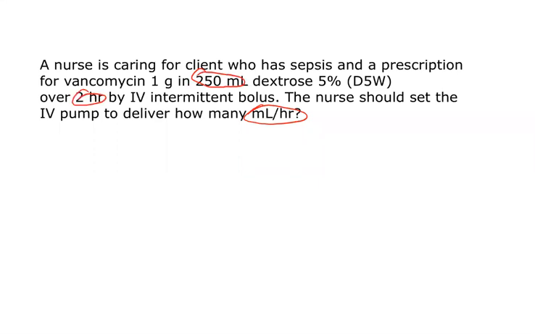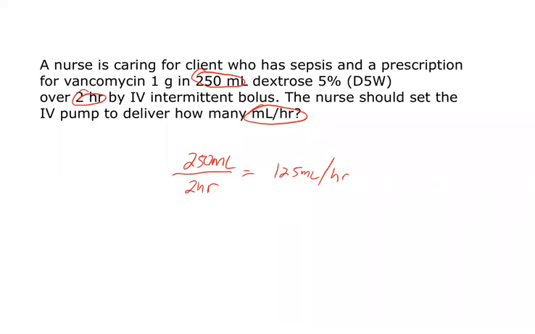Here. So I just take my 250 milliliters over 2 hours and I reduce that to 125 milliliters per hour. That's flow rate, guys. It is for the most part that easy. There are certainly some things that are more difficult and more challenging, but that's what something like that looks like.